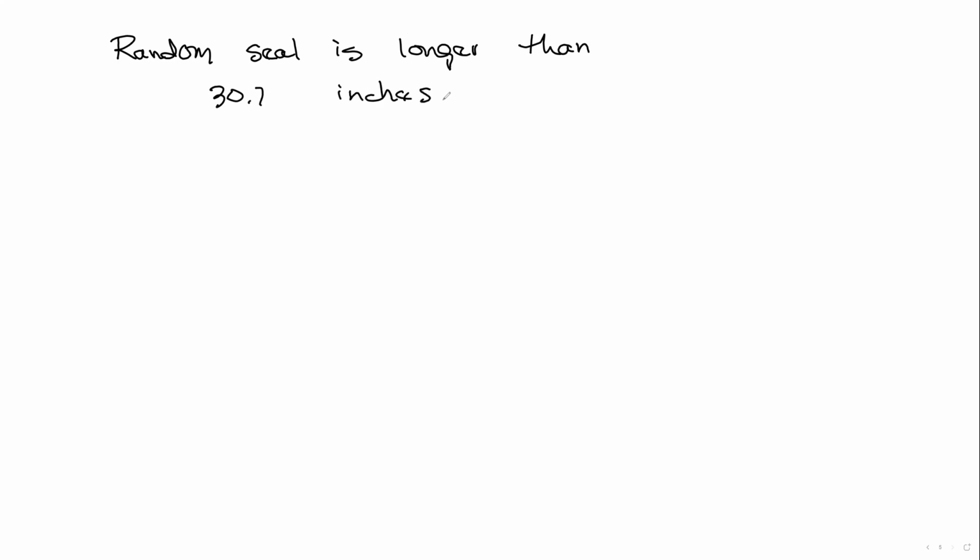All right, what's the probability that a randomly selected seal is longer than 30.7 inches? And you know what, actually, let's go through and do it with the actual data.